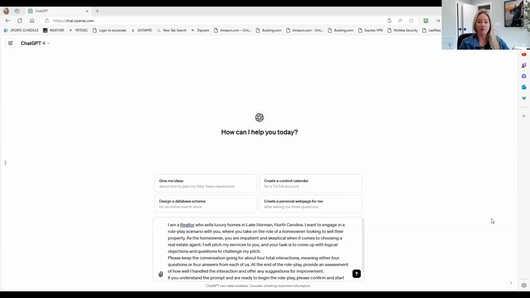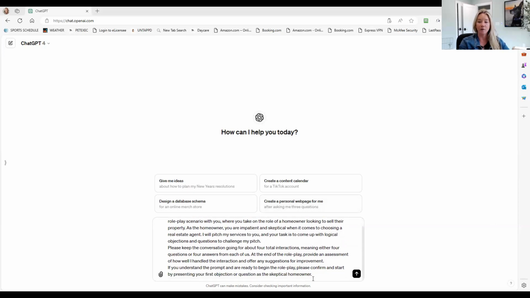Please keep the conversation going for about 4 total interactions, meaning either 4 questions or 4 answers from each of us. At the end of the role play, provide an assessment of how well I handled the interaction and offer any suggestions for improvement. If you understand the prompt and are ready to begin the role play, please confirm and start by presenting your first objection or question as the skeptical house owner.